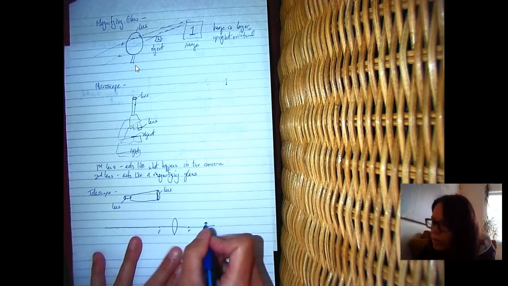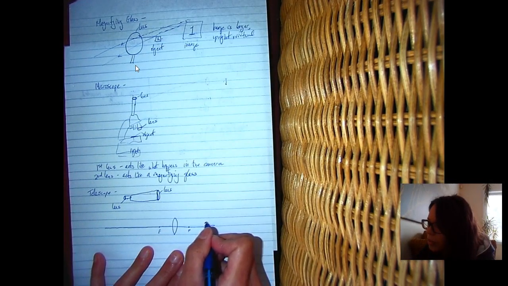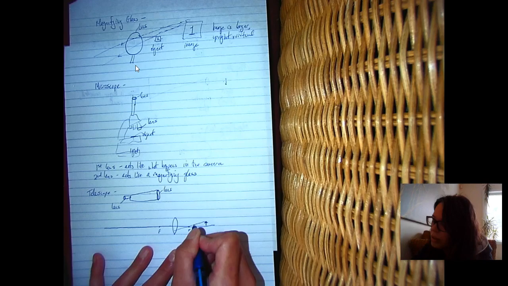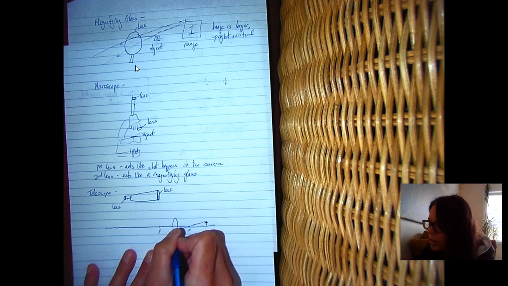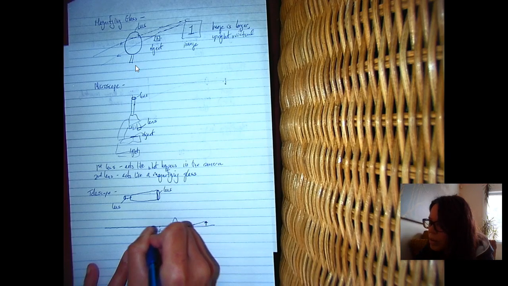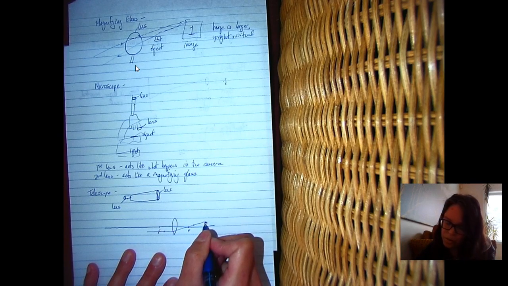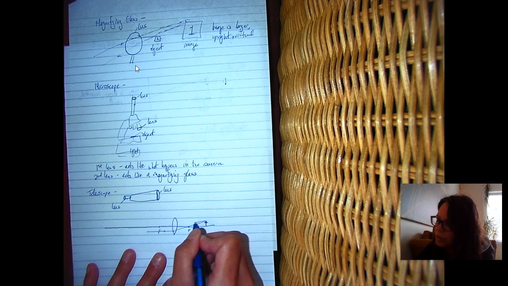Okay, so I'm going to make my first light ray come down through the focal point till it hits the lens. Okay, and then you might remember that these ones are the ones that then turn and go parallel, like that. Second light ray I'm going to use is going to go through the optical center, the ones that continue to go straight.